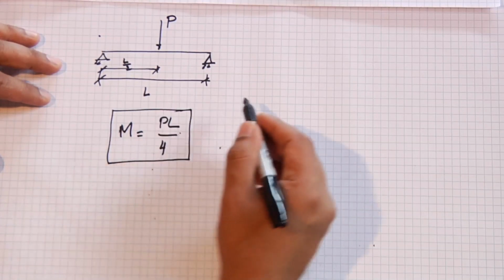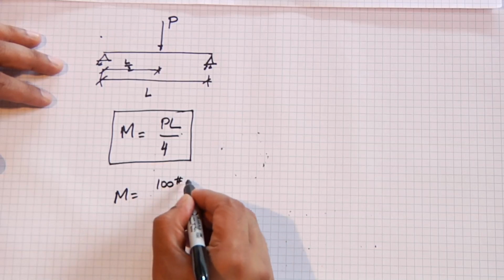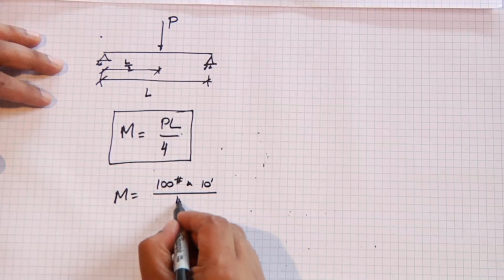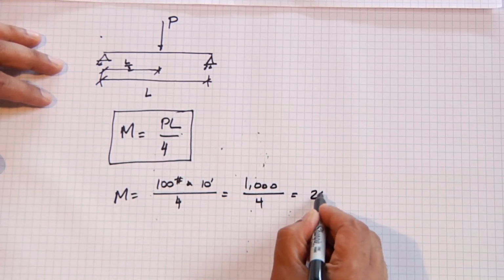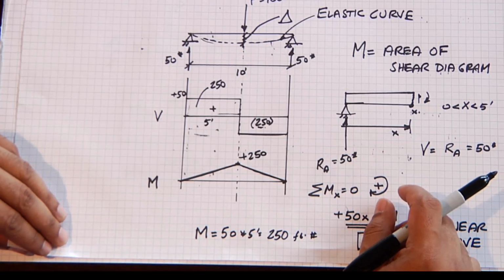Simple formula to remember. And let's try that out. In this case we had 100 pounds times 10 feet divided by 4, which is 1,000 divided by 4, which is 250 foot-pounds. And that works exactly with our example.